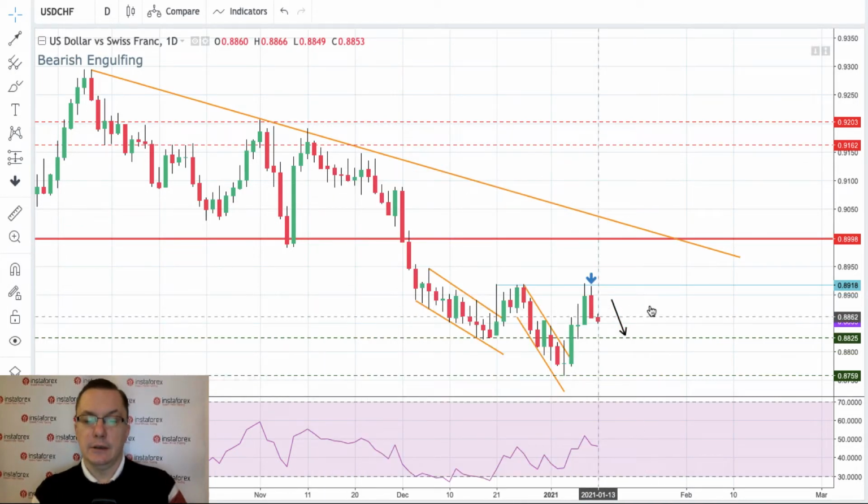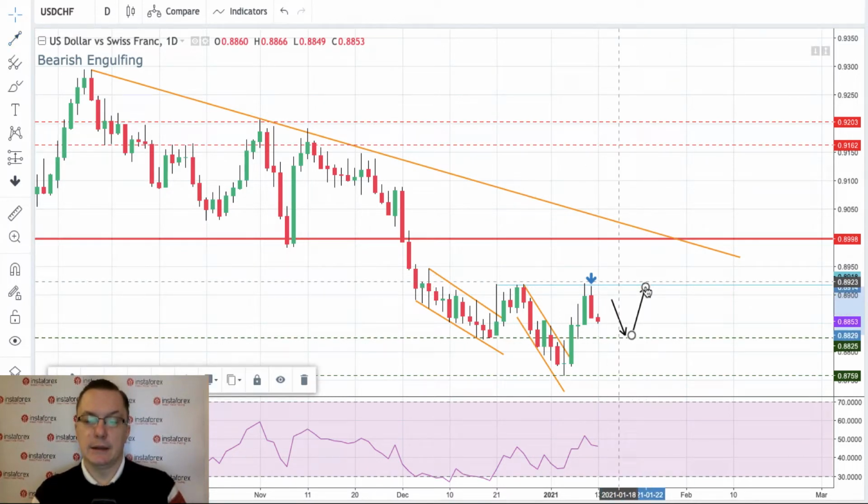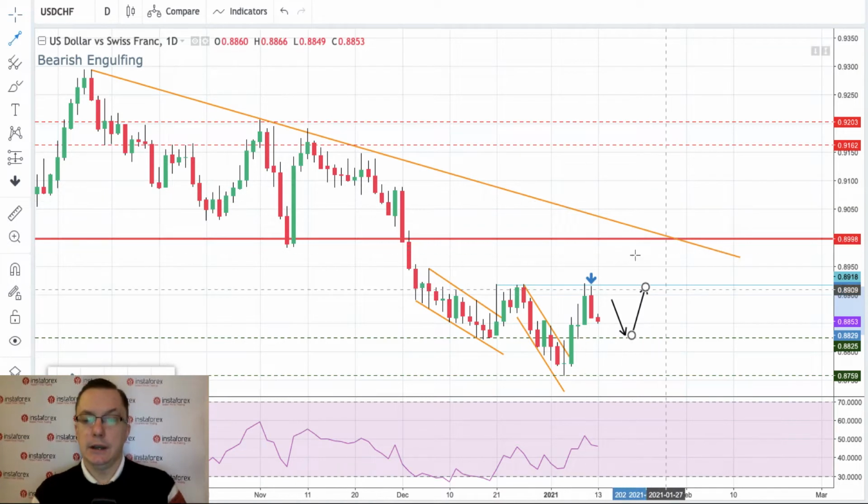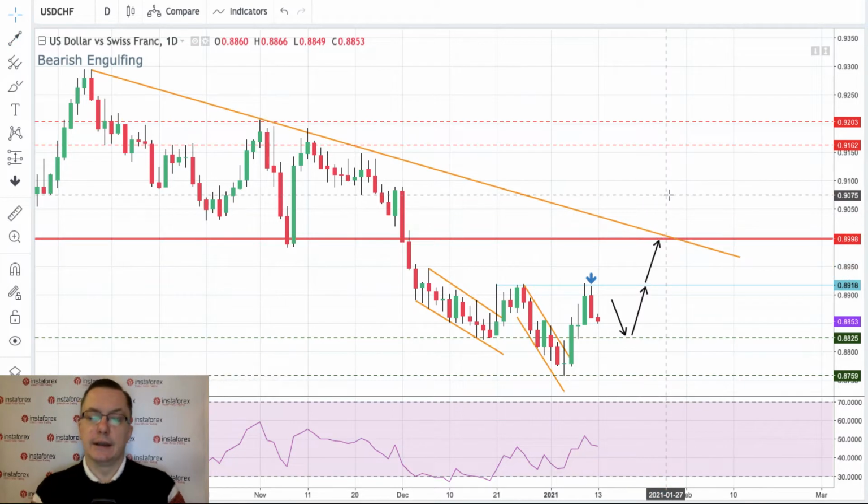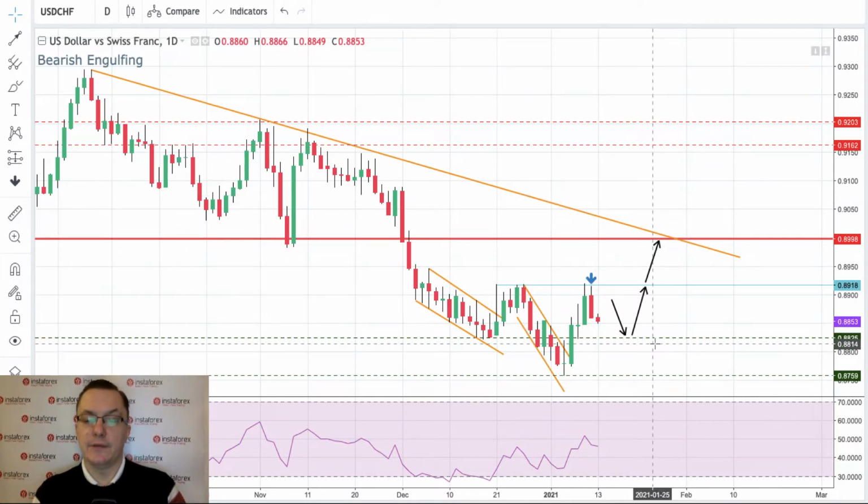Okay, we will probably go a little bit lower, then we might just bounce back again, and then if 8,914 is violated, so what I mean is this blue line, of course, this high, then we go straight higher. Okay, so that's the current scenario for USD to the Swiss franc, if the level of 8,825 will provide the support.